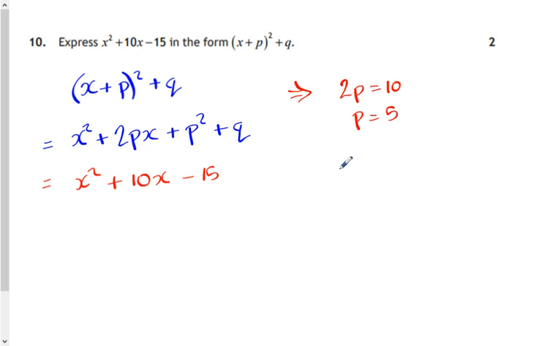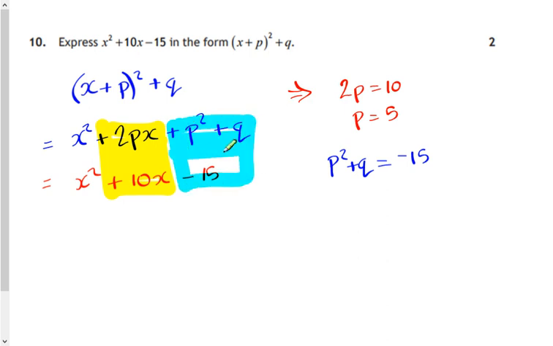We also know that p squared plus q is equal to negative 15, just comparing this stuff together and comparing this stuff together. Okay, so by doing those comparisons, we're able to calculate that 25 plus q is equal to negative 15.